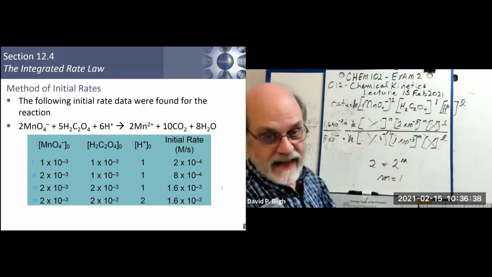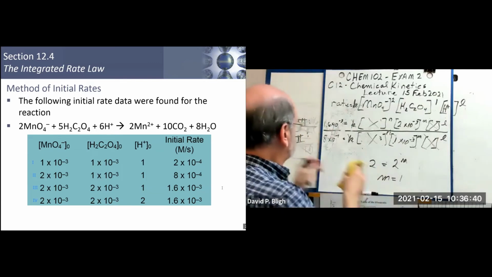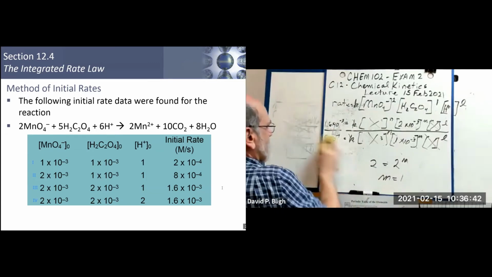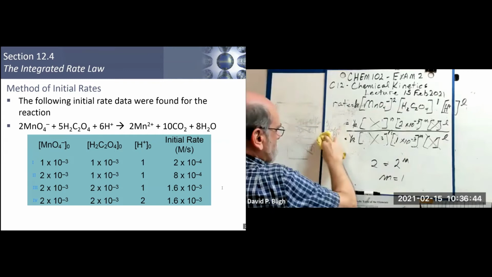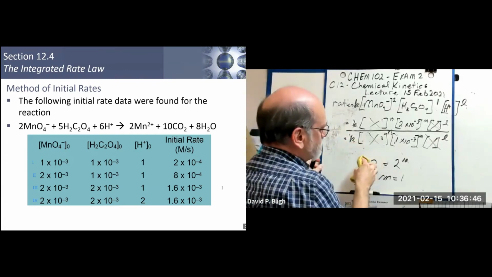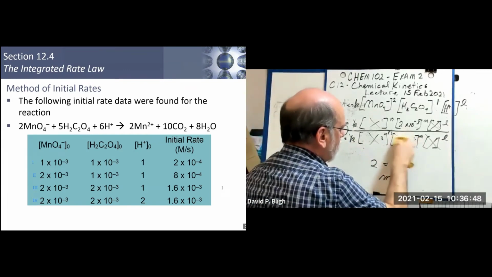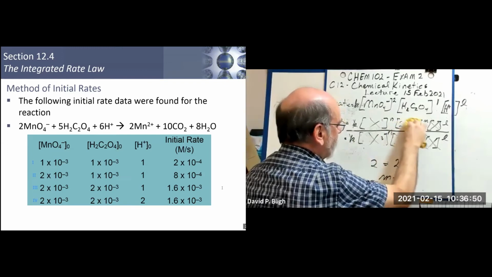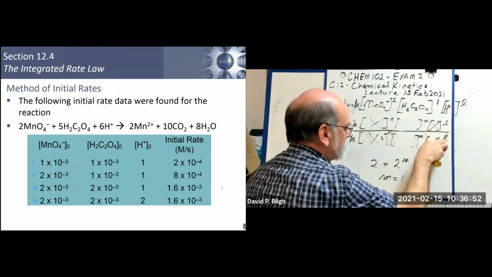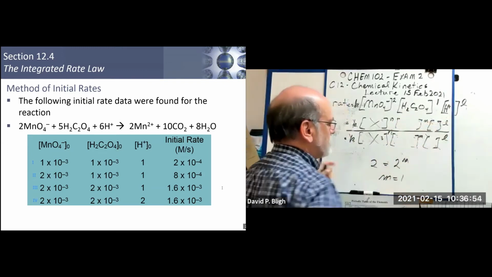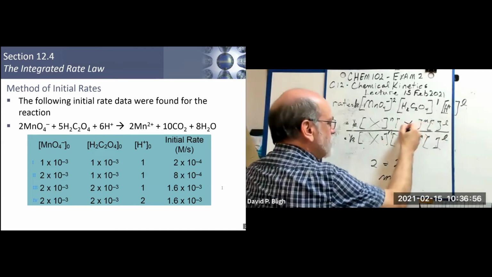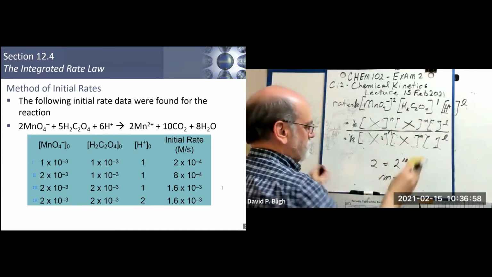Now, how do we get at the protons? Let's see, these are going to change. There. That's going to have number in it. Right? We want those two to cancel out, don't we?